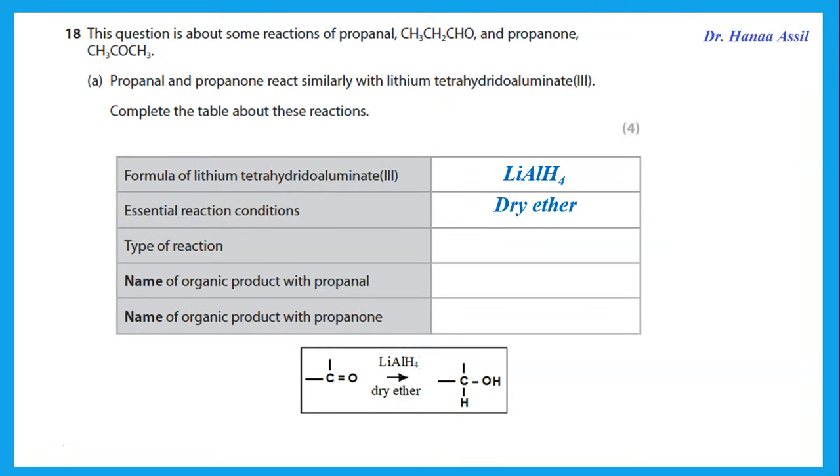Of course, lithium aluminum hydride is a reducing agent, so this is actually a reduction reaction in which the carbonyl becomes an OH. So if we're starting with propanal, we end up with the alcohol propan-1-ol. If we're starting with propanone, propanone has the carbonyl in the middle, so that changes to alcohol, so that would form propan-2-ol.